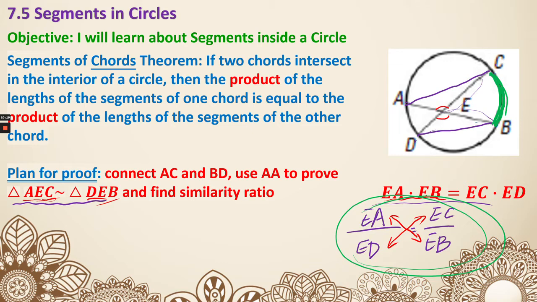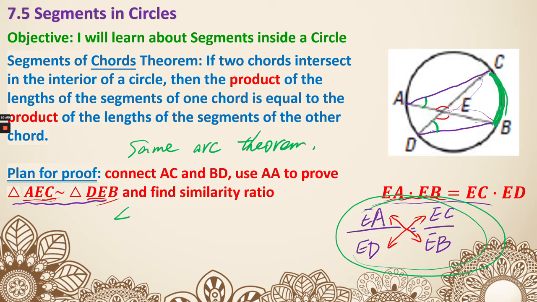But if I highlight that arc BC, if you remember what we learned in 7.2, we said if an angle is an inscribed angle and is facing an arc, and there's another inscribed angle that's actually facing the same arc, then these two angles must be the same. And that is called same arc theorem, because they are facing the same arc.